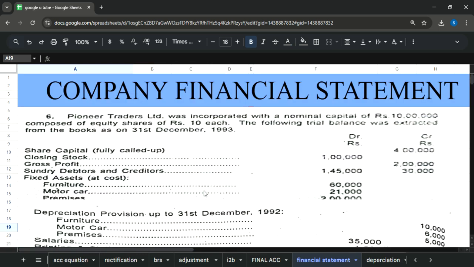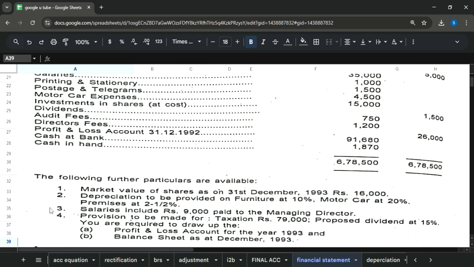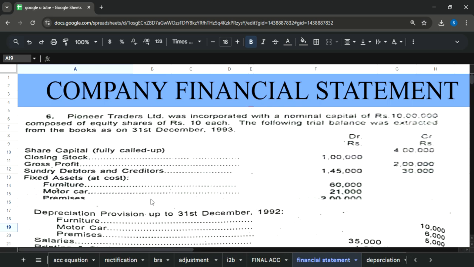Now you will see that we have our fixed asset, but depreciation is already present. Here you will have to understand there are two methods of depreciation: fixed base method and diminishing balance method. If you are asked to depreciate your assets according to fixed base method, you will be applying rate of depreciation upon original cost.